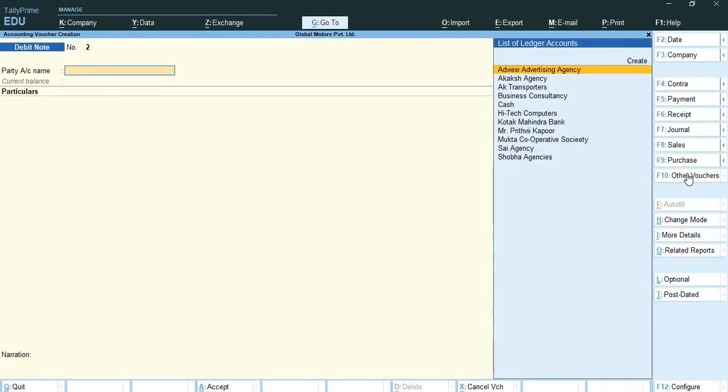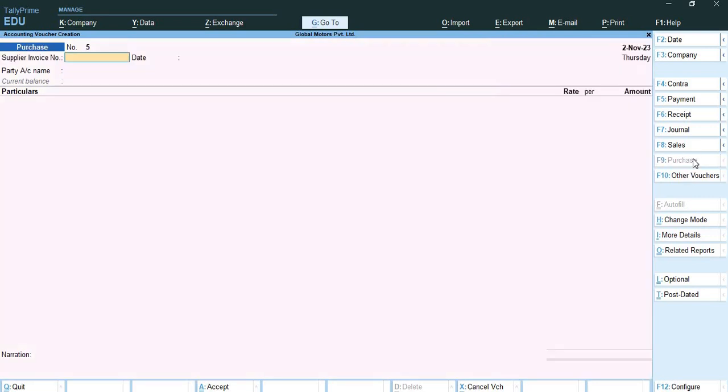Okay, so now we will open purchase voucher under stock item. I add item invoice mode.